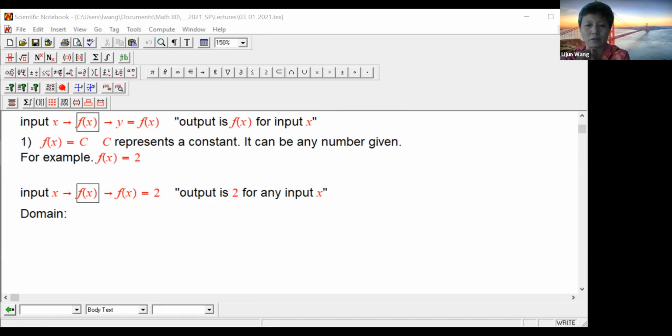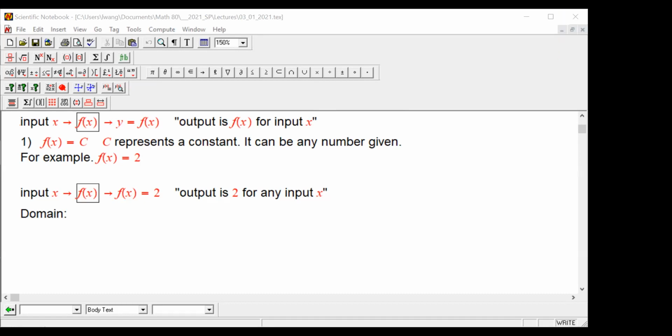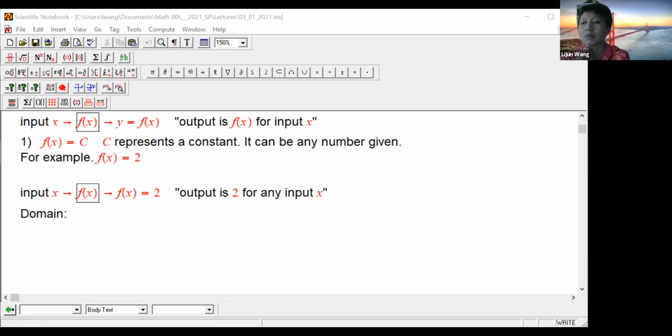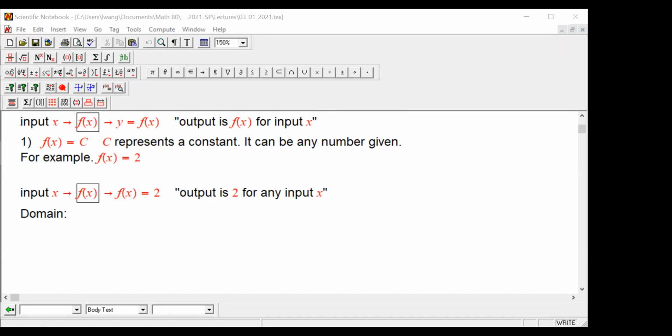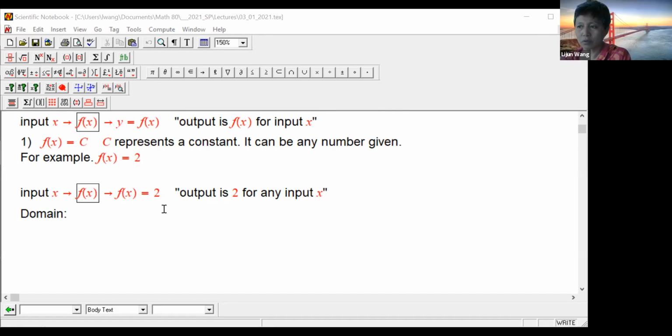Plug in for X. Oh, isn't it 2? The domain? Yes, the domain, isn't it 2? Domain is 2? I think the rule applies to a number, the output is 2.